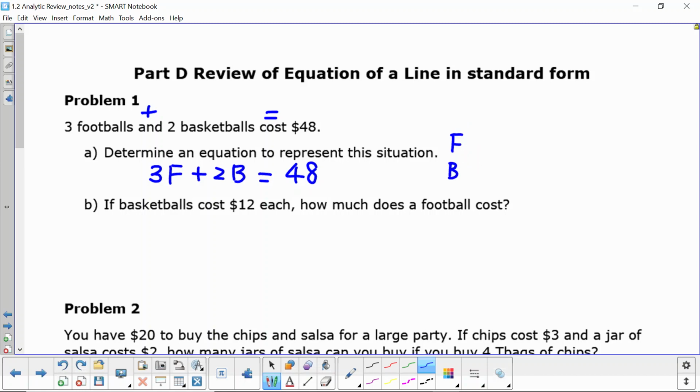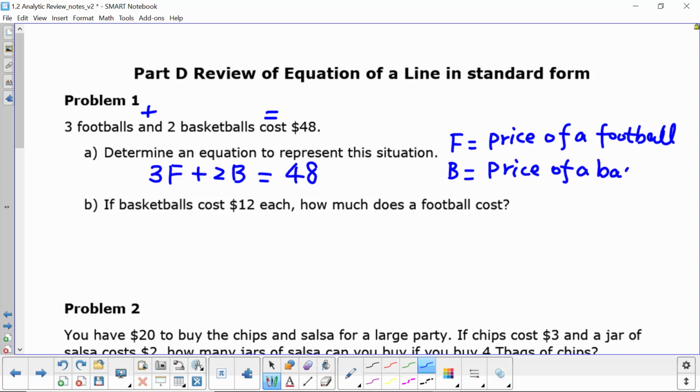So we translate the sentence in English into an equation in mathematics, but we need to indicate what the F and the B represent. The F represents the price of a football and B is the price of a basketball. Then it asks you if the basketball costs $12 each, then how much does a football cost?